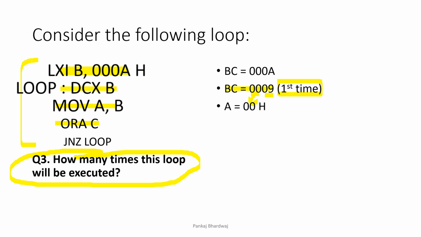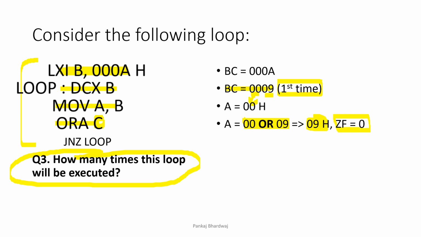ORA C does the ORing of the accumulator with the C register. So C has 09 and A has 00. This OR command will do the ORing between 00 and 09, so this will become 09.